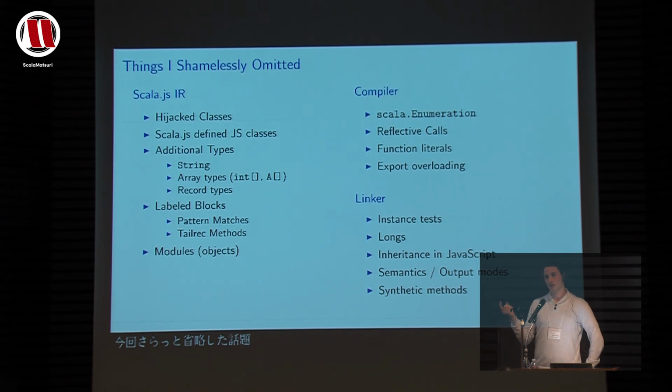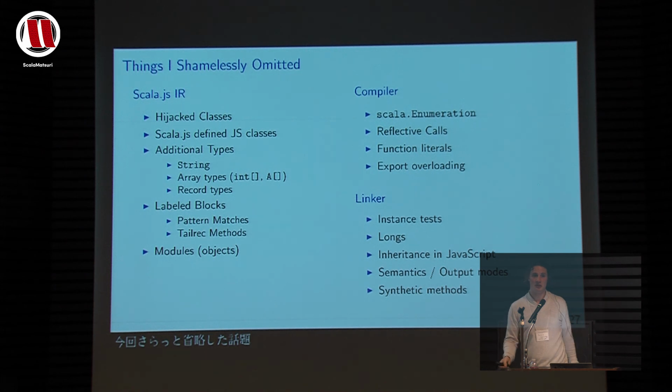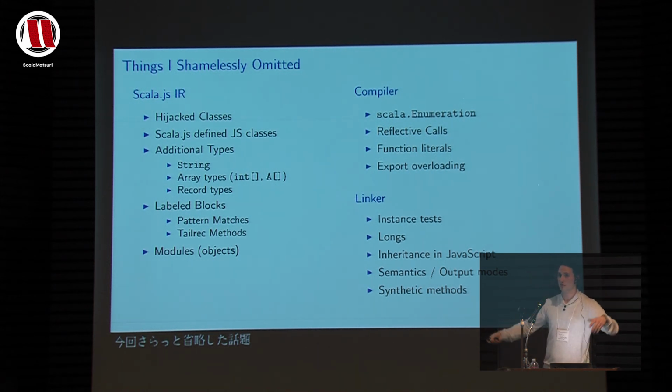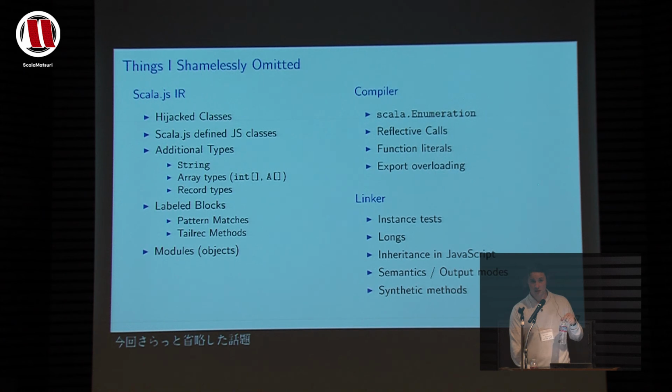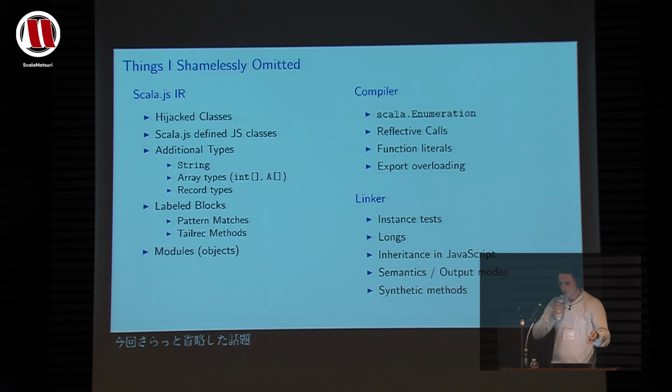And it becomes really funky if you look at things like CharSequence. CharSequence is a supertype of String. So if you have a CharSequence, you might just have a normal CharSequence that somebody implemented, or you might have a string, which is not a class, it's not an object in JavaScript, so the whole pipeline has to know that. This is what we call hijacked classes.